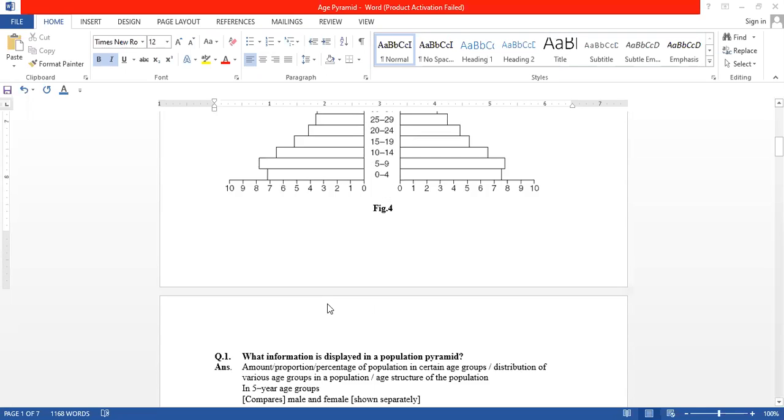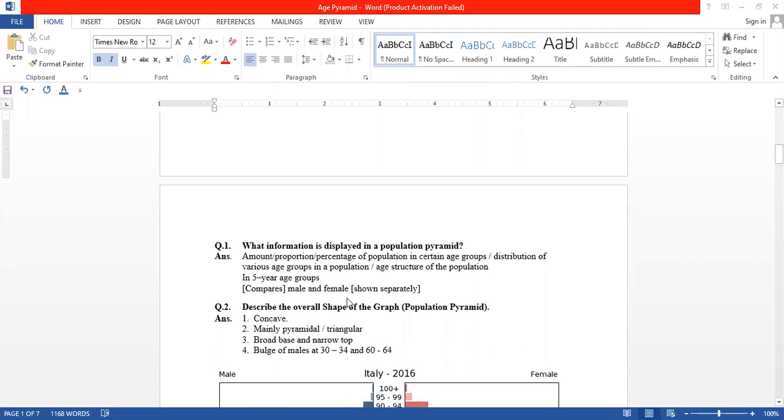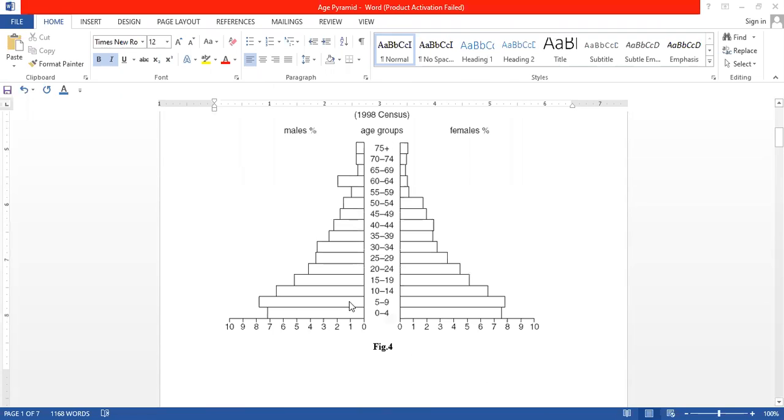Number 2, it has a broad base as well as a tapering peak, and there is a bulge of males at the age of 60, and also a bulge of males at the age of 30. So these are the features or overall shape of the age pyramid.